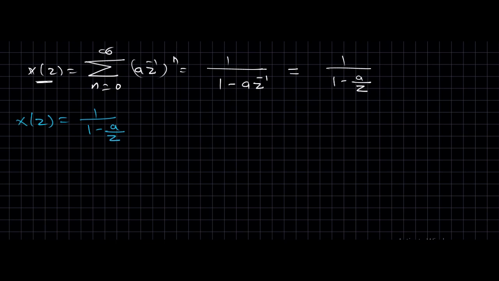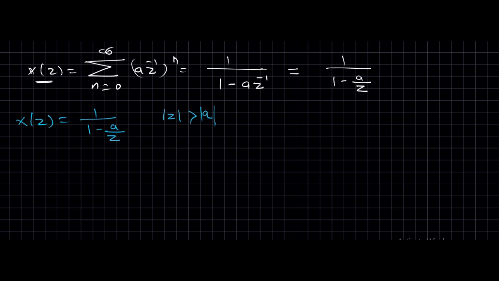The value of z should be greater than a. If the value of z is smaller than this, it will be infinity. Very simple. So mod of z should be greater than mod of a. Then the region of convergence exists.